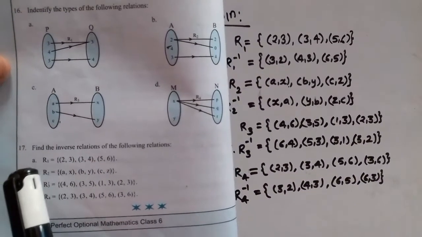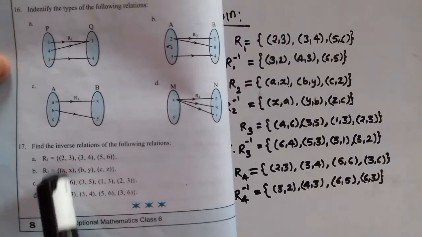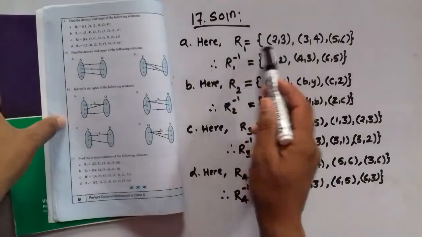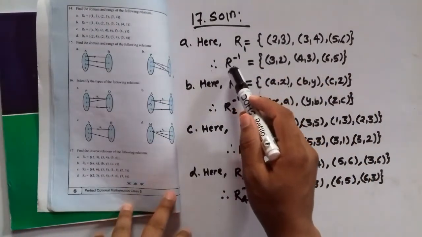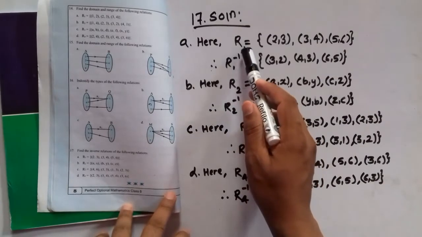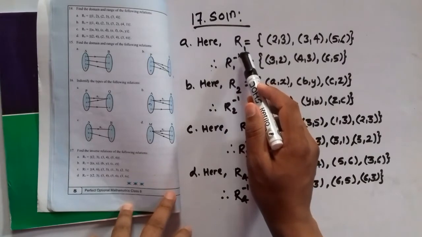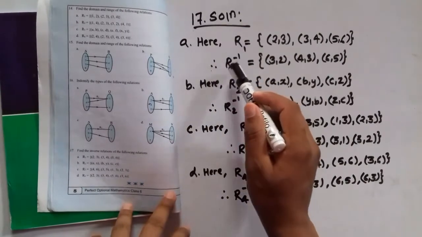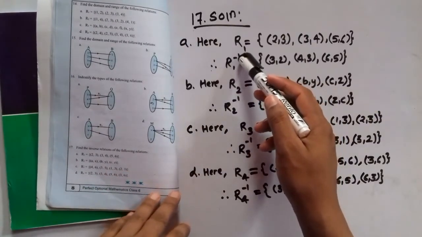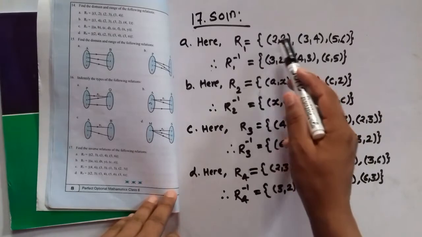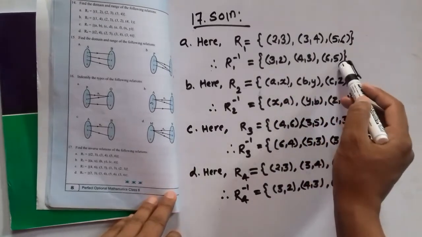In question number 17, we have to find the inverse relations of the following relations. Here R1 is given this much. As we know, inverse relation is denoted by the relation letter with minus 1 on the top of this letter, which is called superscript. 2 3 becomes 3 2, 3 4 becomes 4 3, 5 6 becomes 6 5.